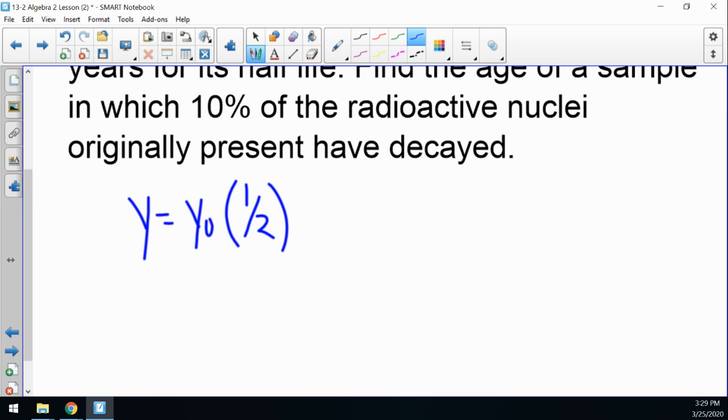And we know that our 5,700 years is our decay, so we're going to do T over 5,700, right? 5,700 leaves 1/5700th of it for every time T. So now if this original amount is 100%, if we think of this as a percent, and now 10% is gone, that would be 90%.